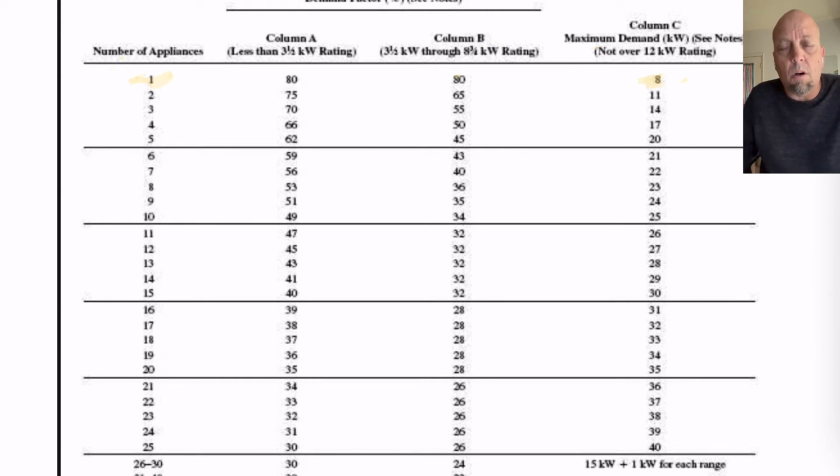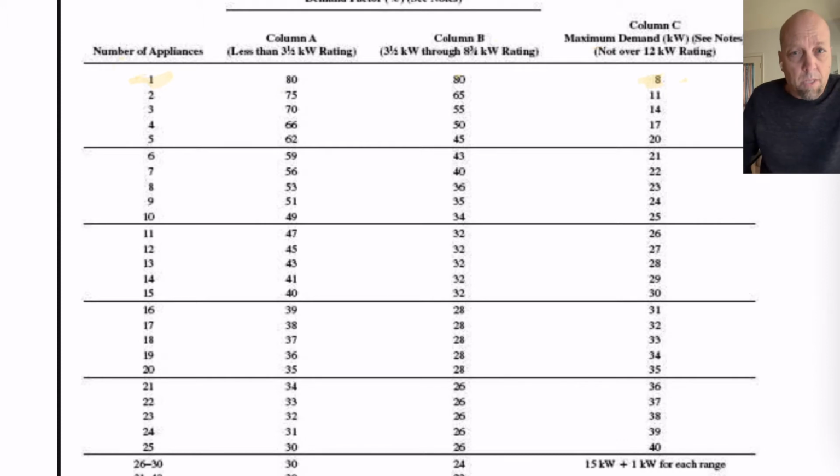That means those are multipliers that you'll have to use to figure out your loads for those smaller ranges. But column C is already figured out for you. That is the load itself. They've already done all the math for you. So column C is not a multiplier. It is a true number that is going to stay with you. You don't have to rework it. You don't have to do anything to it.